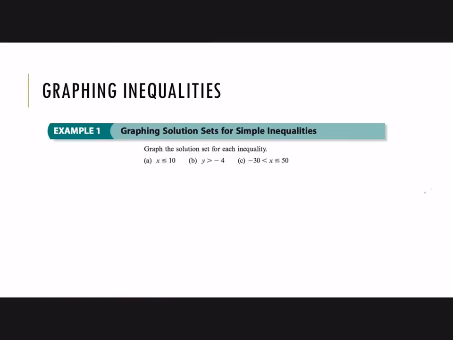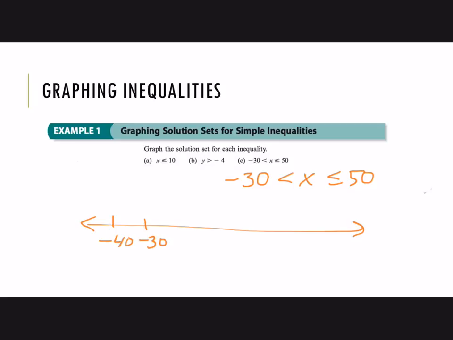And then finally, let's do -30 is less than x is less than or equal to 50. So on this number line, maybe I'll go by tens. So let's do -40, and then going by tens up through maybe 60. Okay, and this is subjective.